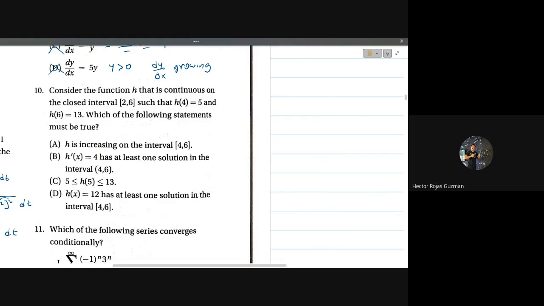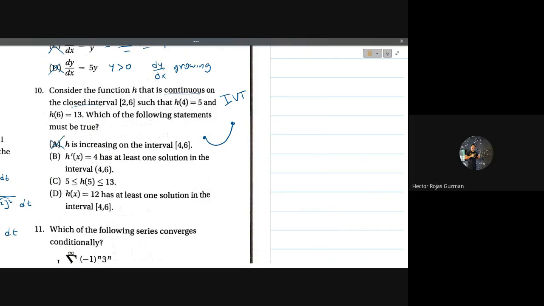Consider a function that is continuous on a closed interval. I mean, those conditions already scream intermediate value theorem to me, but let's go through it. H is increasing from 4 to 6. Well, just because you start at 5 and you end at 13, it doesn't mean you're always going to be increasing. Here's a counterexample.